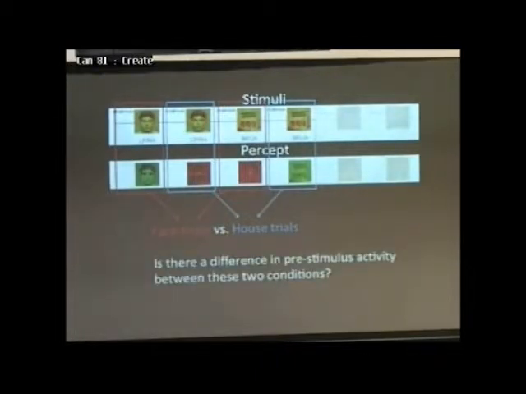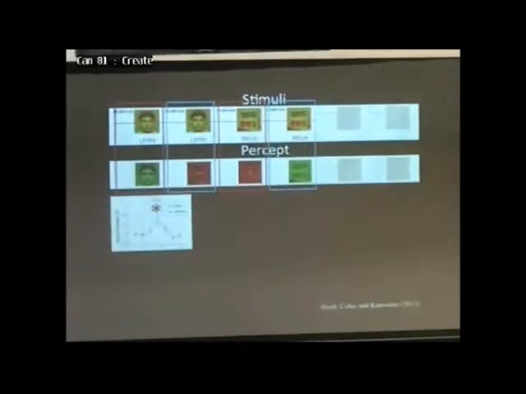And we simply ask, is there a difference in pre-stimulus activity between these 2 conditions? And this is what we found for post-trial activity. So 0 is the time we present the stimulus, and you can see that for these rivalry stimuli, when they are perceived as a face, once again, FFA responds more strongly than when these are perceived as house.